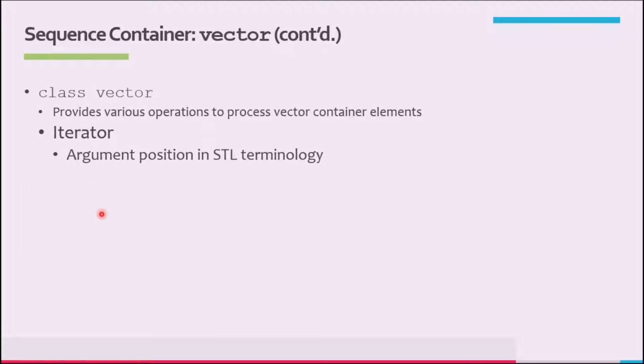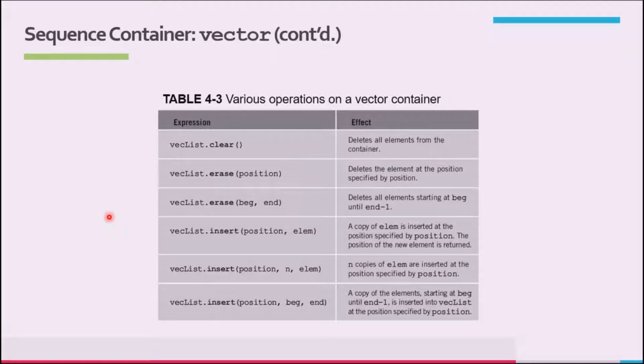The class vector provides various operations to process the elements of a vector container. Okay, so there is an iterator, the argument position in STL terminology. Now suppose that vecList is a container of type vector. Item insertion and deletion in vecList can be accomplished using the operations given in table 4-3 here. These operations are implemented as member functions of the class vector and are shown in bold.